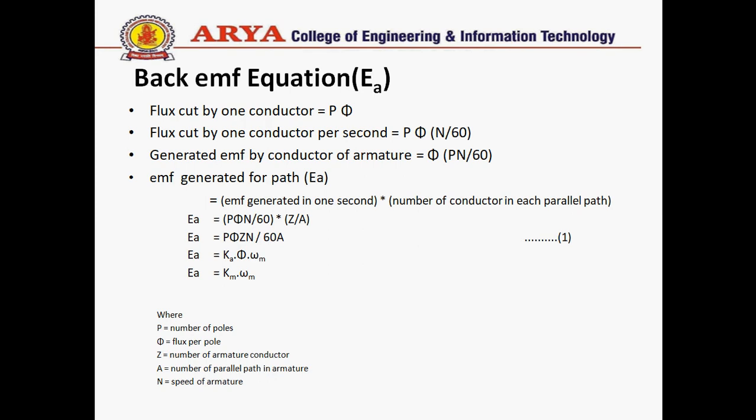The EMF generated per path is equal to the EMF generated in 1 second multiplied by the number of conductors in each parallel path. We put here the EMF generated in 1 second, and the number of conductors in each parallel path is equal to Z by A, where Z is the number of armature conductors and A is the number of parallel paths in the armature.